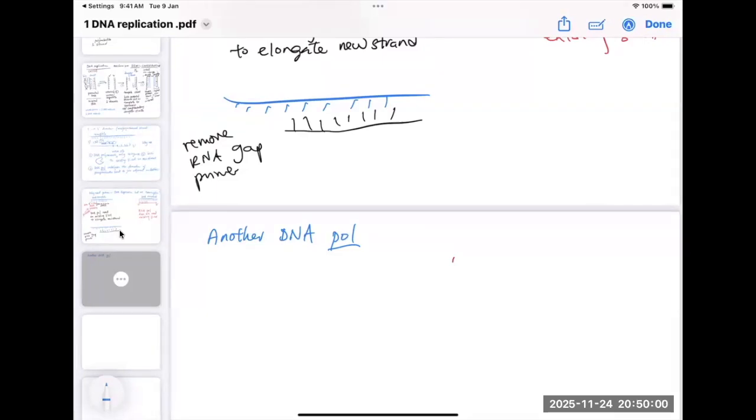You're not required to remember pole 1, pole 2, pole 3 unless your school expects it. In your notes, do you have pole 1, pole 2, pole 3 and all that? I don't remember. Okay, so we use the term another.